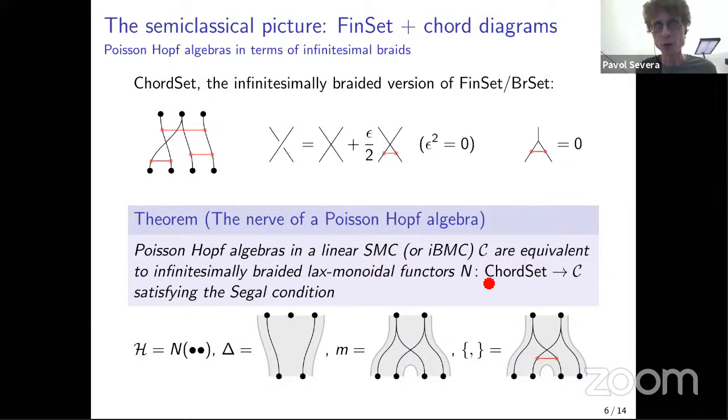So this is our new simplex category. And they need to satisfy the same Segal condition as before. So nothing changed. It's a pretty thing that the only thing that you need to modify is the category of simplices. You need to put just enough braiding inside. And the operations are the same as before.